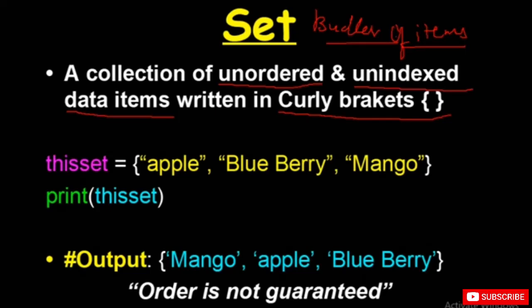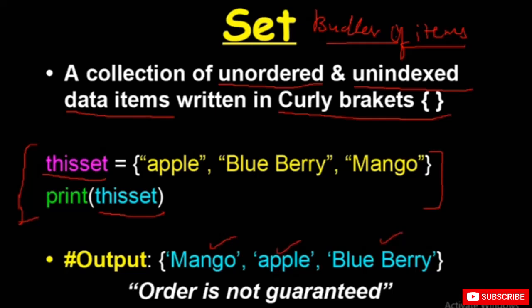This is how we write the set. You can write it as it is, and you can see the results like this set: apple, blueberry, mango. These are the names of fruits. Then if we print this set, the output is mango, apple, blueberry.